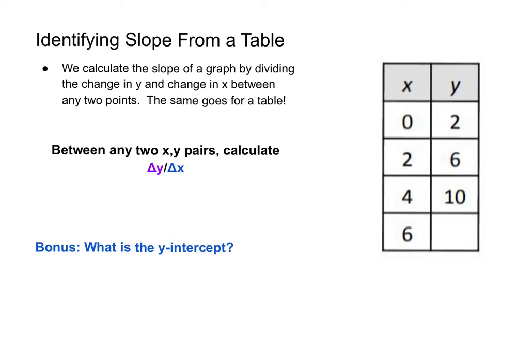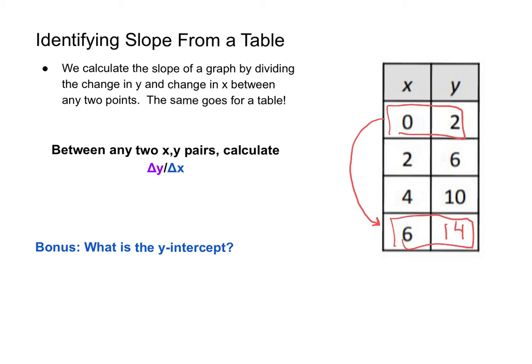So we can pick any 2 XY pairs and we can calculate the change in Y and the change in X. Since we found out that this point is 14, let's start with some faraway points. Let's look at 0, 2 and 6, 14.